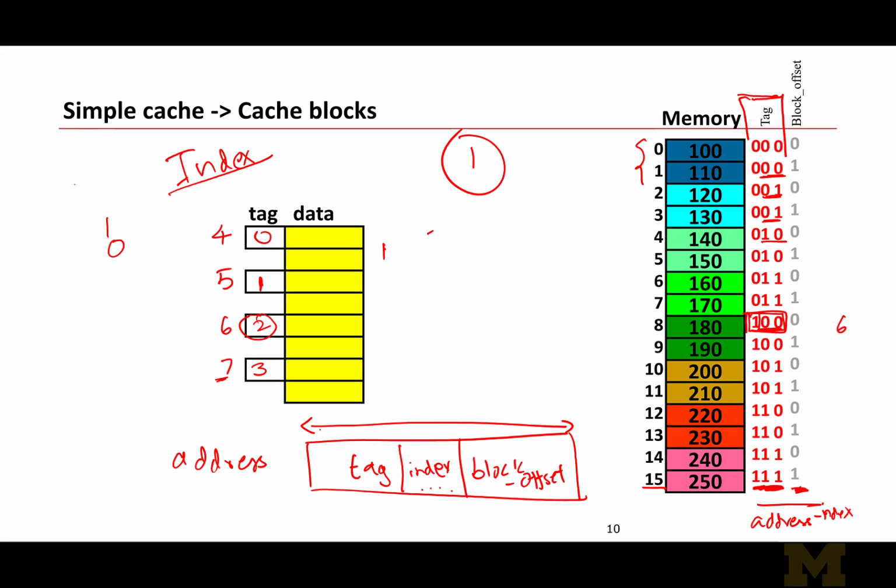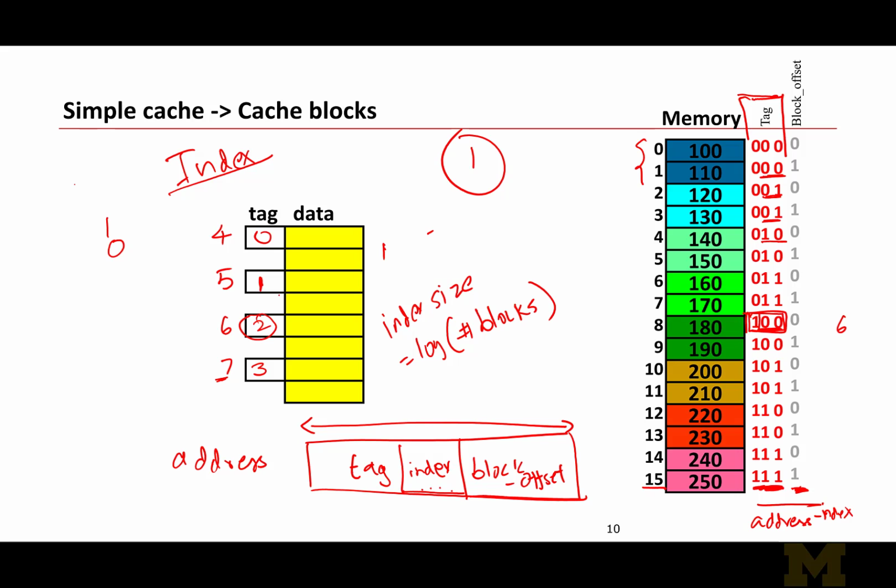and in that address I have three components. One is a block offset, which is defined by the size of the cache block, and then I have the cache index, which is defined by the number of cache lines you have. So the number of bits I need, the index size, is going to be log to the base 2 of the number of cache blocks, right?